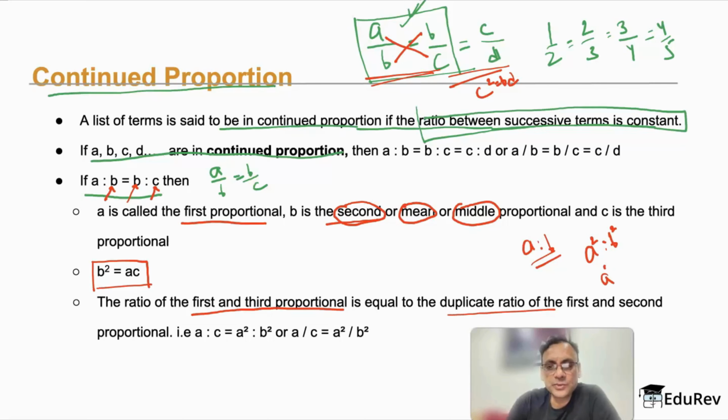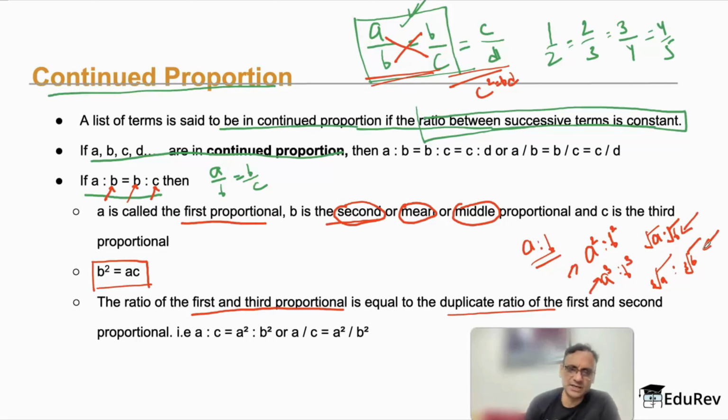A cube is to B cube is called the triplicate ratio. Also, square root of A is to square root of B is called the subduplicate ratio, and cube root of A is to cube root of B is called the subtriplicate ratio. So duplicate, triplicate, subduplicate, subtriplicate, just for your understanding.